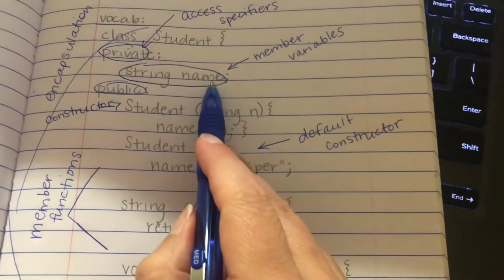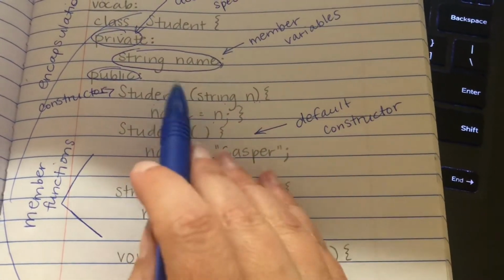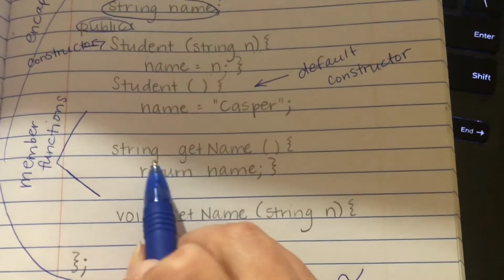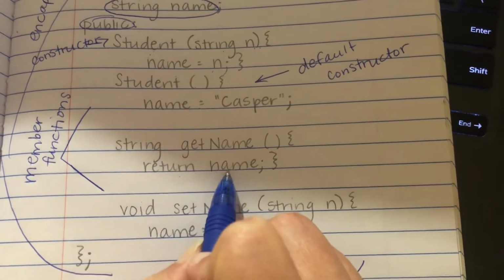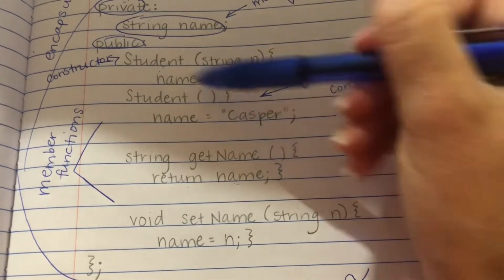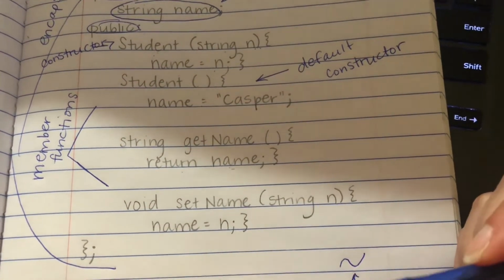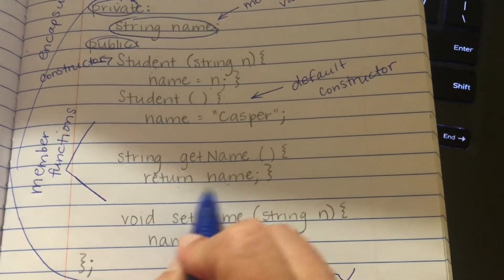So if I want to be able to get this name, but I can't get name down here in the main method because name is private, I have to have a function that returns the value that's stored in the name, right? This function is public. So I can call this down in the main method and it will return the name value.